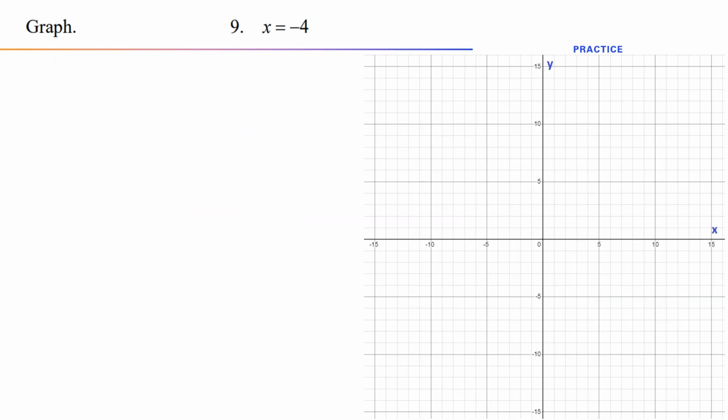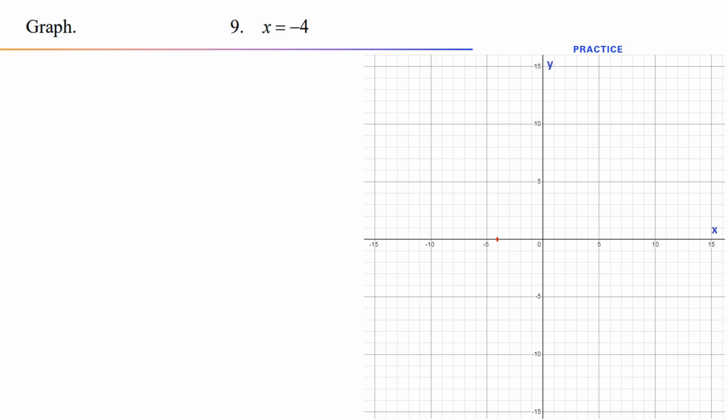Now we have x equal negative 4. So it means whatever the y value is, x always equals negative 4. So x equal negative 4, if you don't remember, is that the horizontal line or vertical line? The thing is, plug in any y value, the x value is always negative 4.